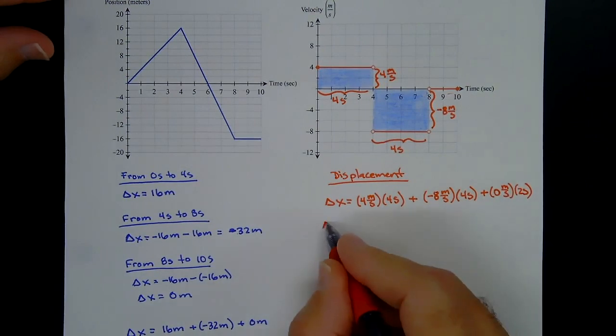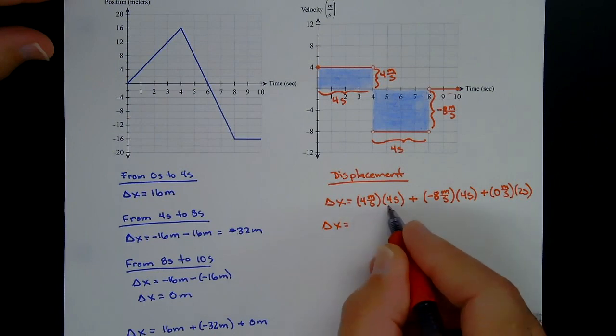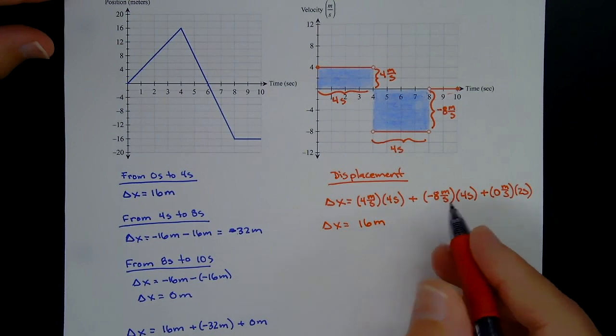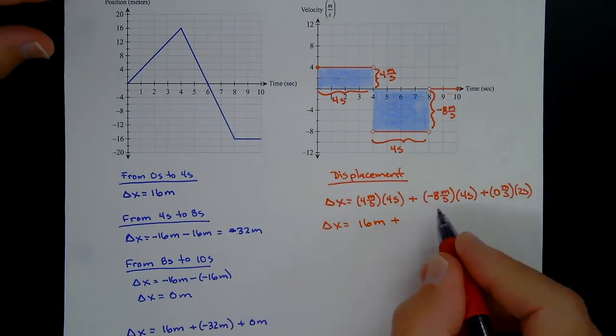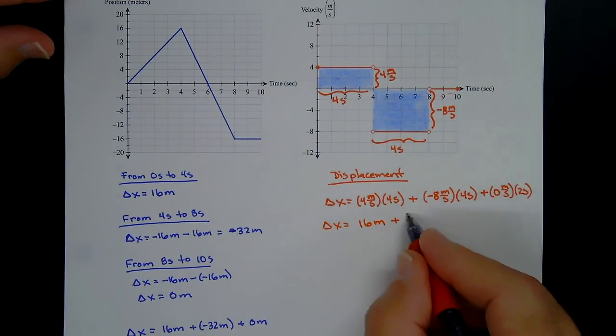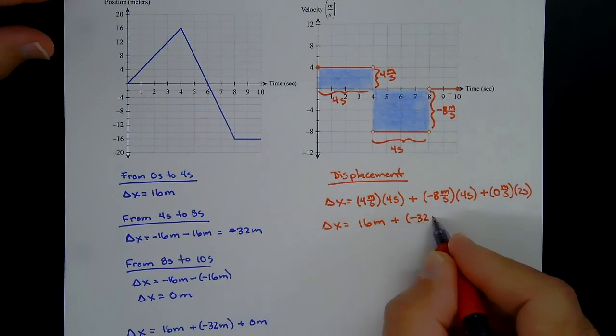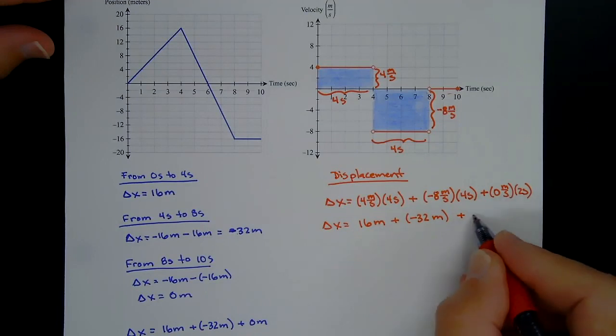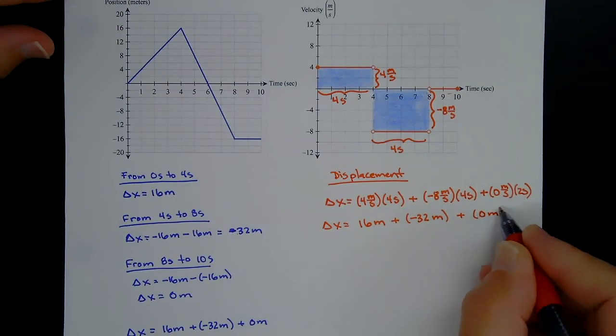So my displacement is 4 times 4 is 16, so that'd be 16 meters, plus -8 times 4 is -32, so that'd be -32 meters, plus 0 meters, right?